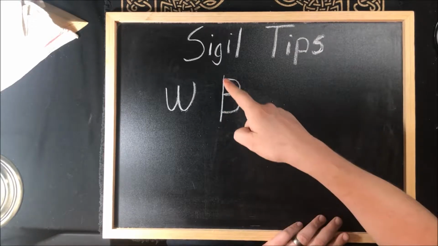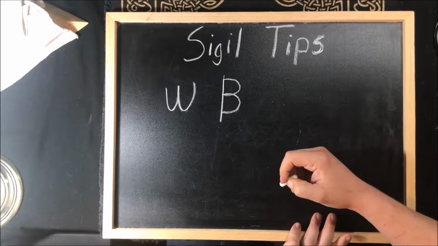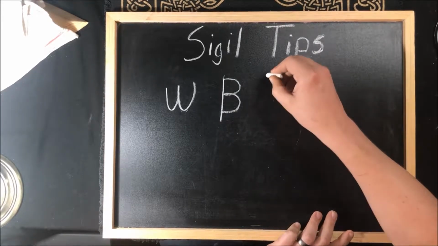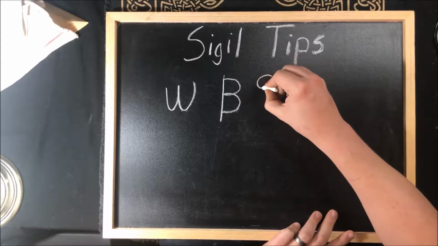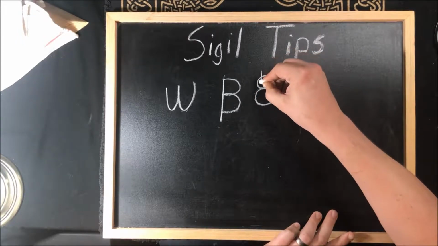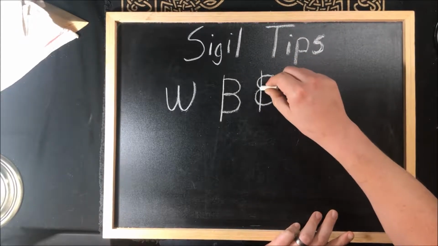Draw a line there, you got yourself a B. And then you can also do it this way. Draw a line right there, and you got yourself an E.